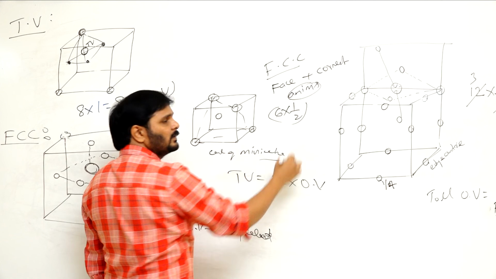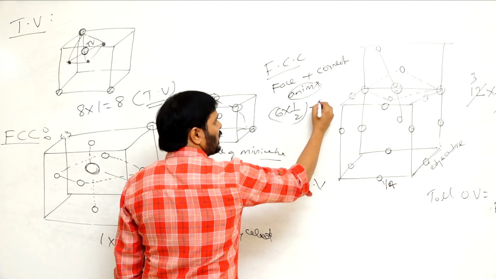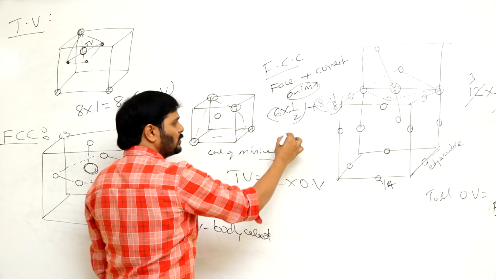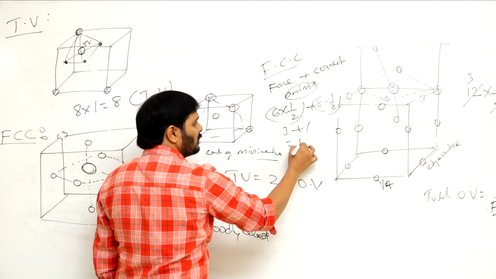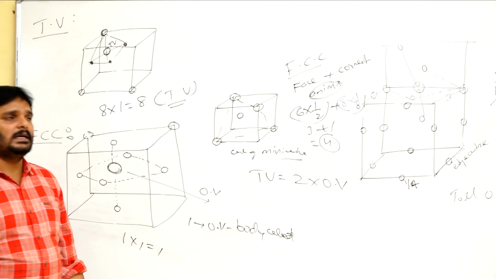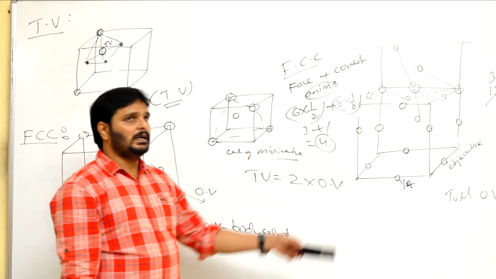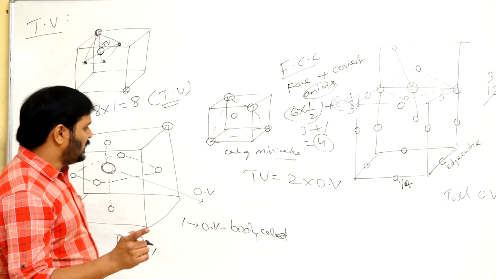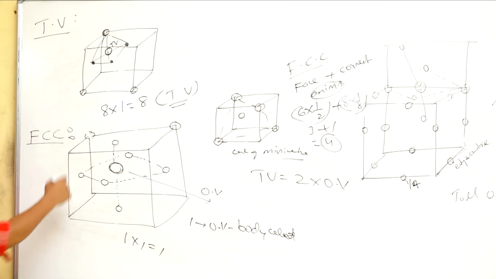Contribution is half. Corners 8. Contribution is 1 by 8. So total 3 plus 1 equals 4 ions. 4 cations, 4 anions here. Now cations are in octahedral voids.